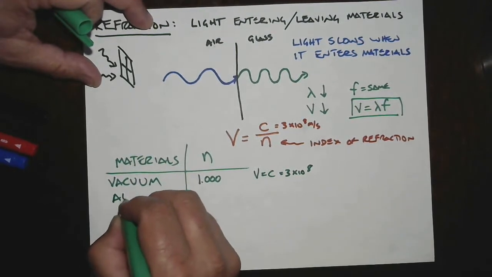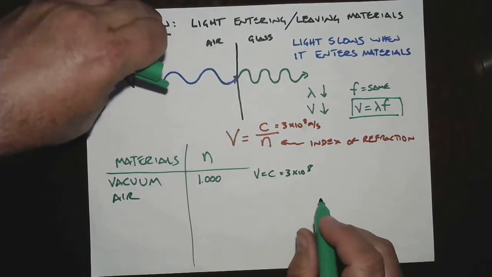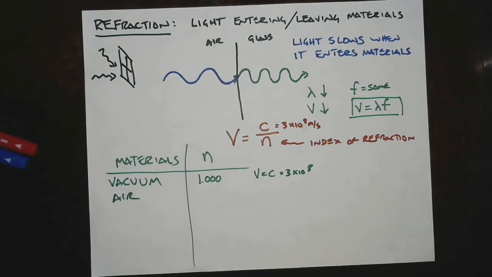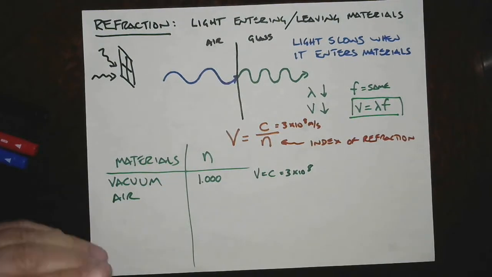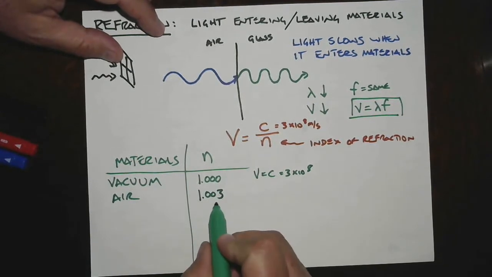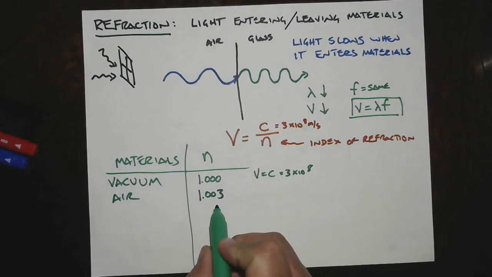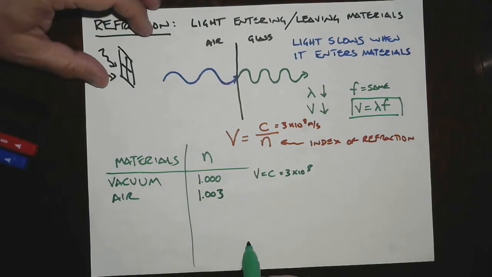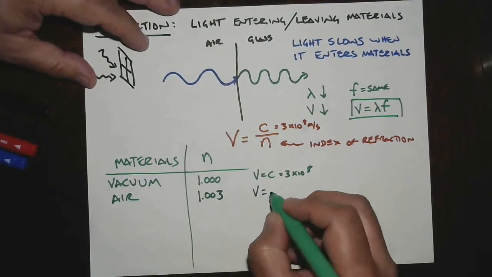Then there's air. Air is a very thin gas that surrounds our planet at various thicknesses, and it has an index of refraction of 1.003. So that's 0.3% different than a vacuum, a reduction in speed of 0.3%.